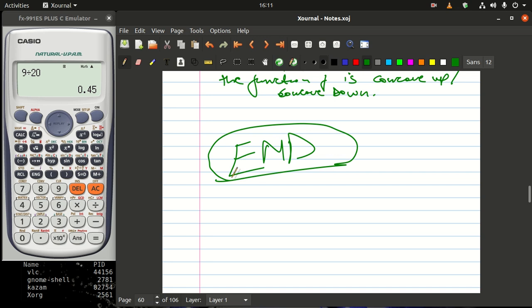Once you have increase, decrease, constant, and undefined, you want to know the points whereby the function is either concave up or is it concave down. So once you have those things, or is it just constantly increasing or constantly decreasing or constantly actually flat there, you need the second derivative test and those points.